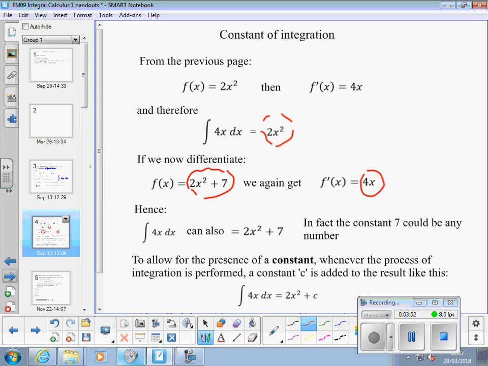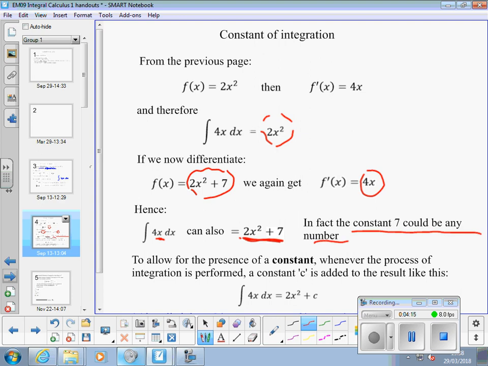So if we take the integral of 4x dx, that could also be 2x squared plus 7. Or if we started with 2x squared minus 6, it could be that. The point I'm getting to is the constant 7 could be any number.